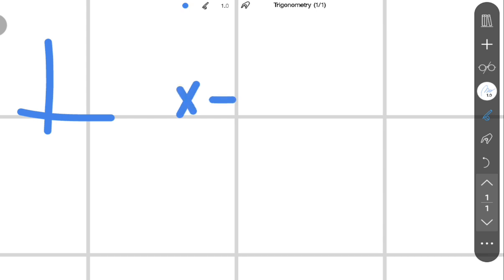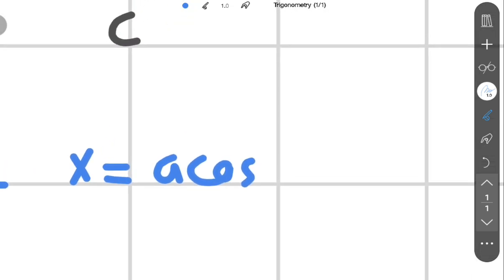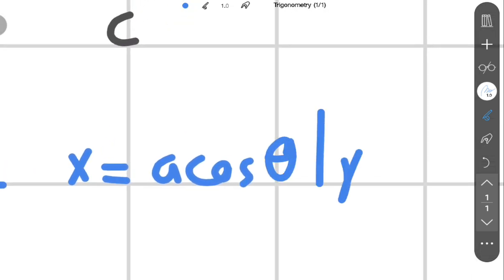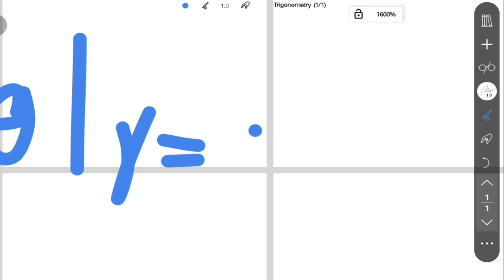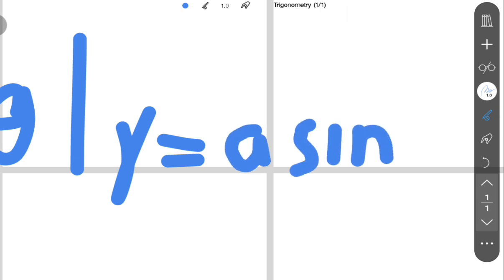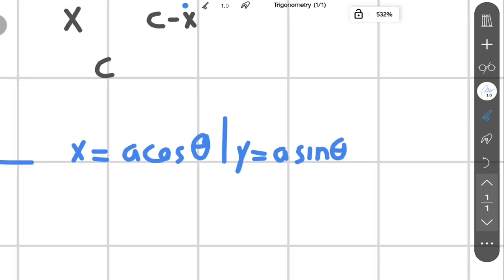Any x component will be equal to a, whatever it may be, cosine theta, and y is equal to a sine theta, and a is just the coefficient.